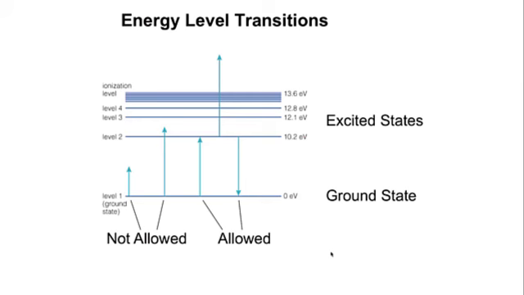It's also possible, this is allowed too, for an electron to leave the atom entirely. In fact, there is a particular energy level above which there are no bound states anymore, right? This is the electron being completely freed from the atom altogether. And so that's also possible.